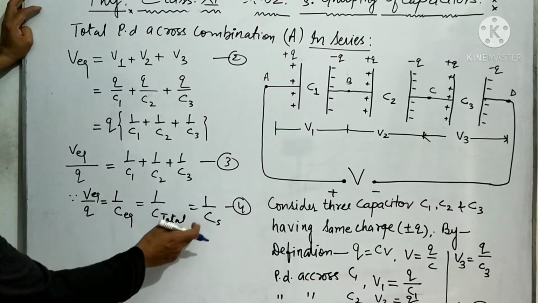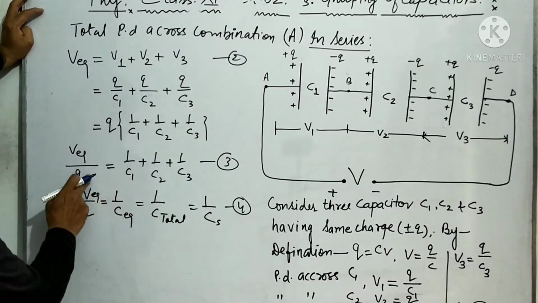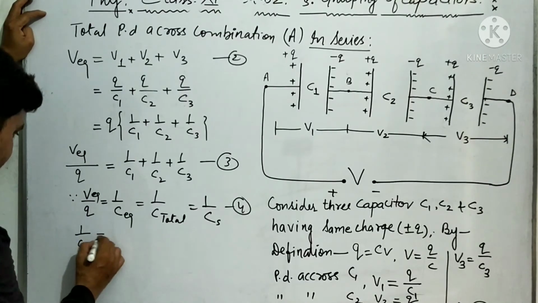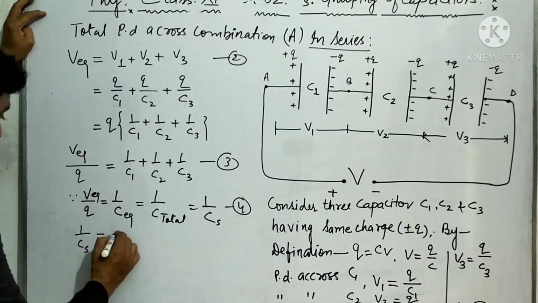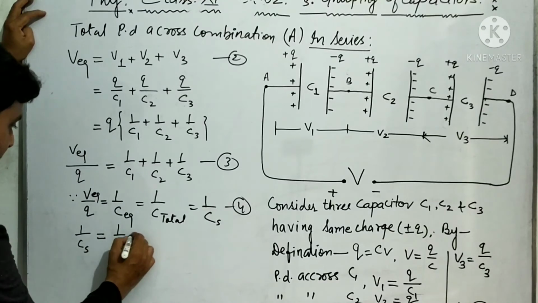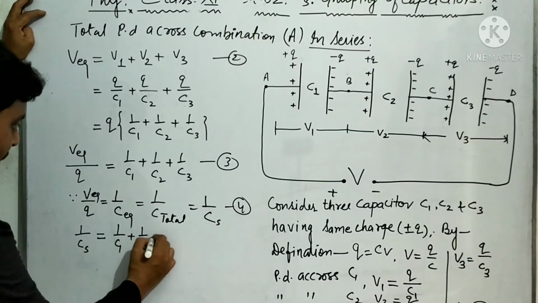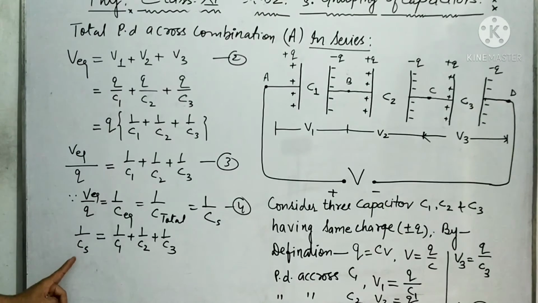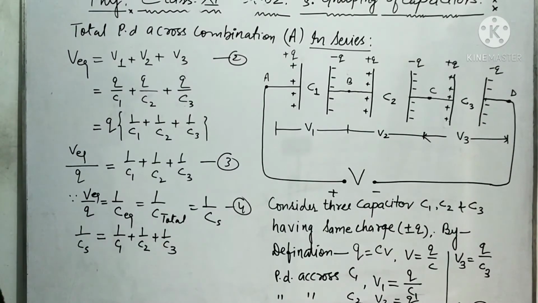Now let's continue. Substitute here. That is 1 upon Cs equal to 1 upon C1 plus 1 upon C2 plus 1 upon C3. This is the formula for series combination of capacitors.